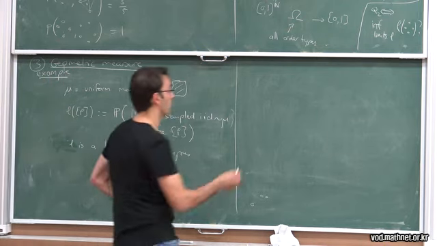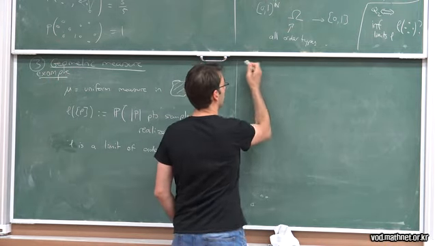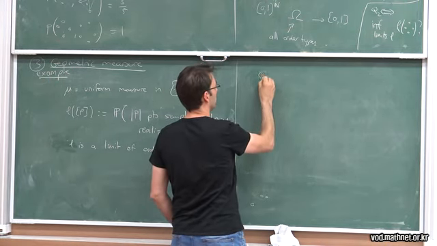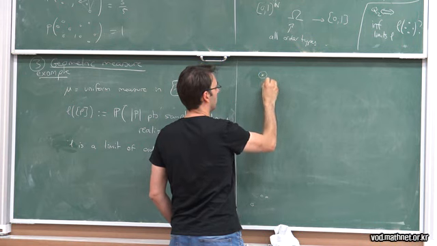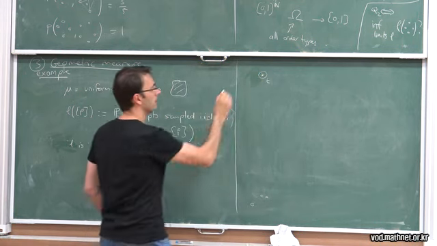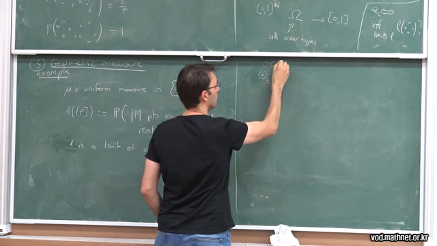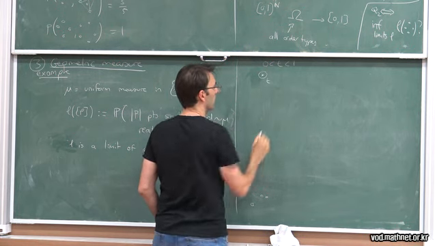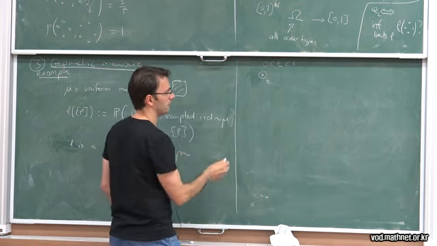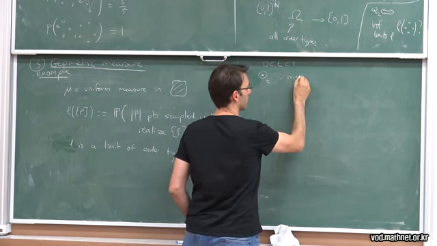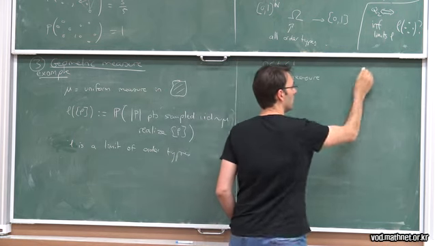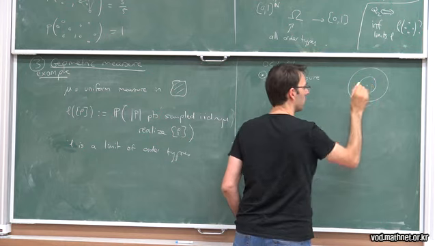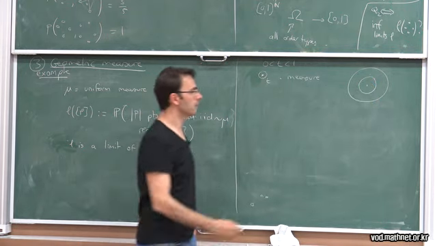So here is an example. Let me define this. I take a parameter t between 0 and 1. And I define a measure. So I basically take 2 circles. They are concentric. One has radius 1.